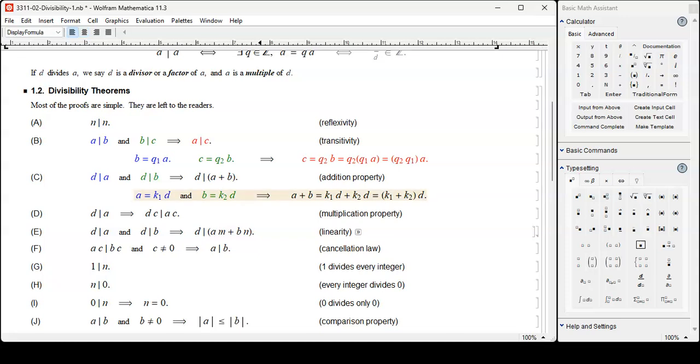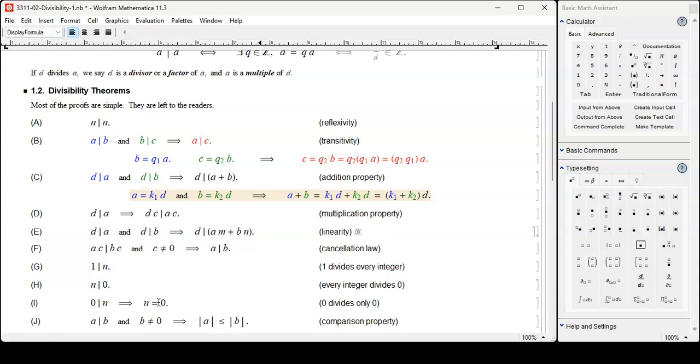Yes, that's an integer. You see this A is k1D, as I just highlighted. Let's put some space in between. And this B is k2D. So I can factor D out. I have coefficient k1 plus k2, which is an integer, because integer plus integer is also integer. So that completes the proof.